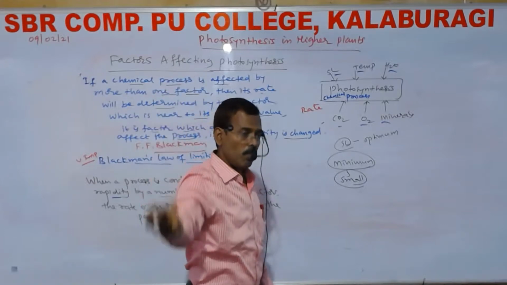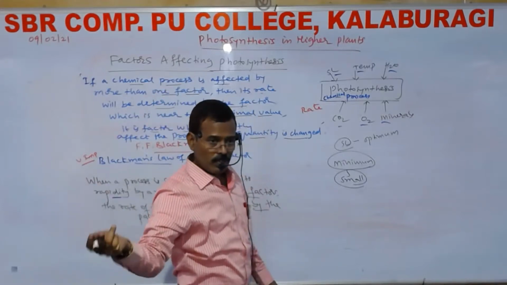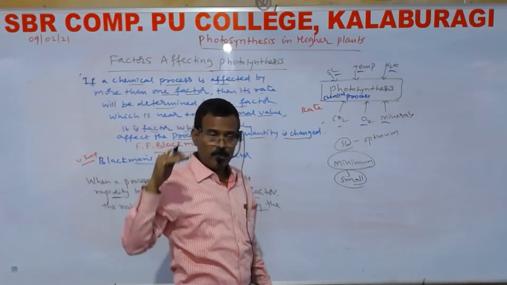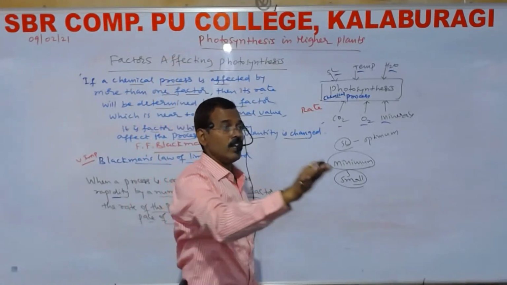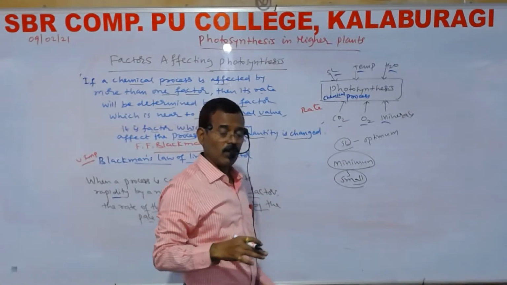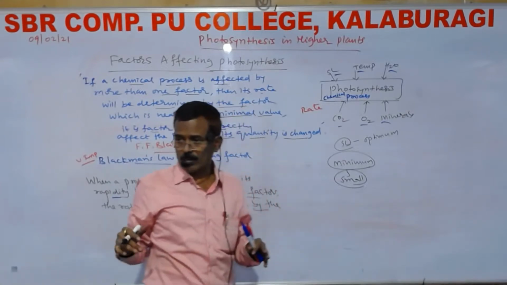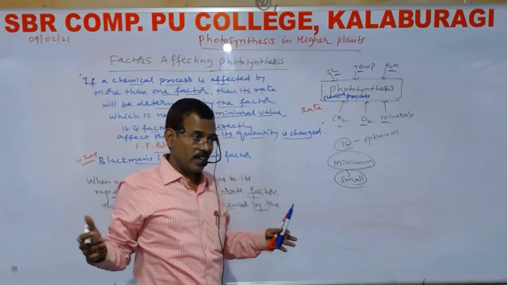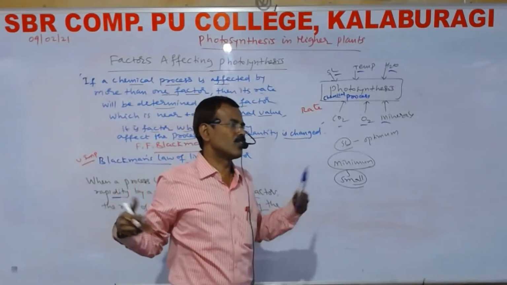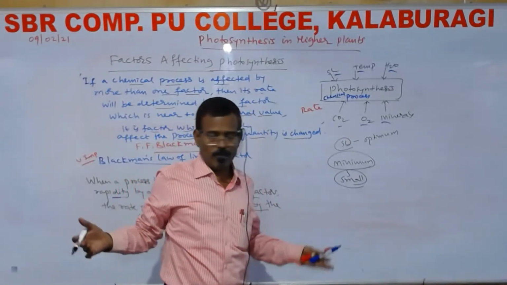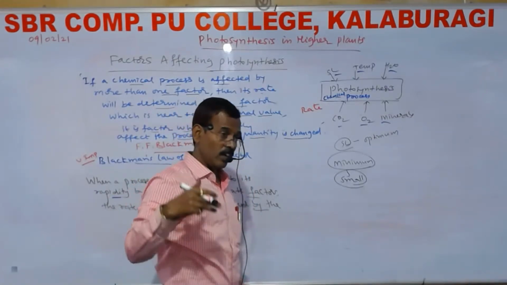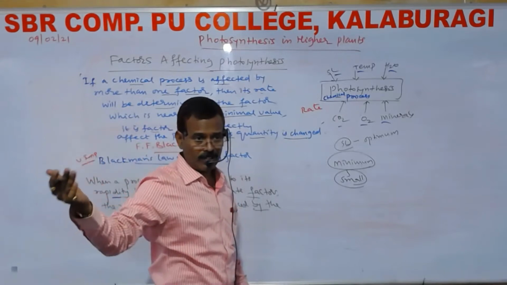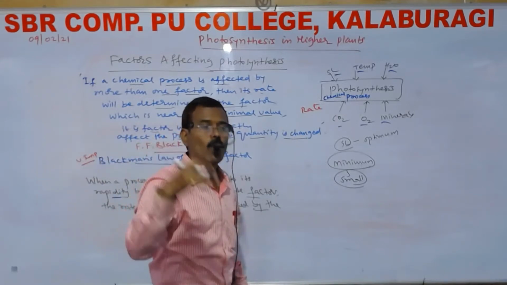Beyond the saturation point, if you increase any factor, the process will not increase, but will decrease. Remember that any factor can become unfavorable or even toxic to the plant if it exceeds the required concentration.